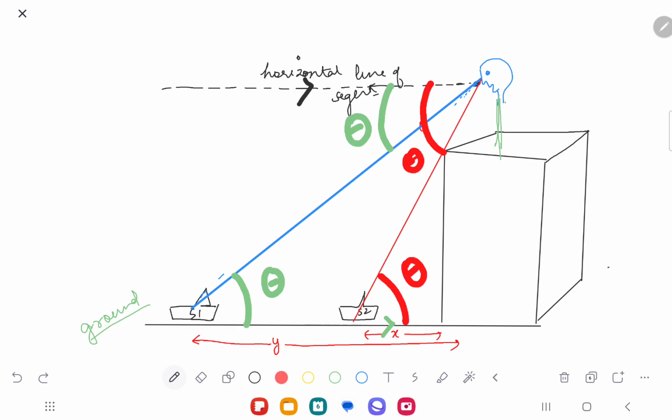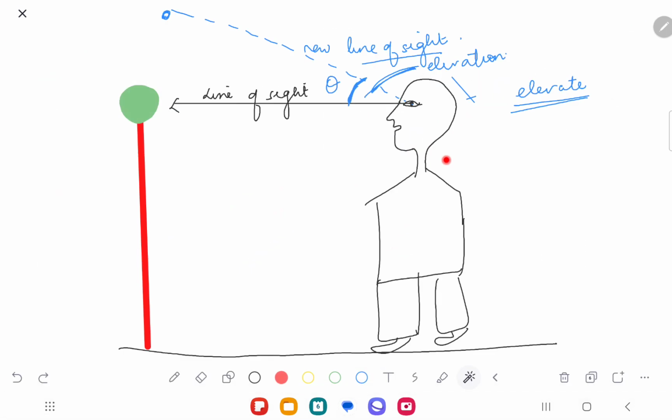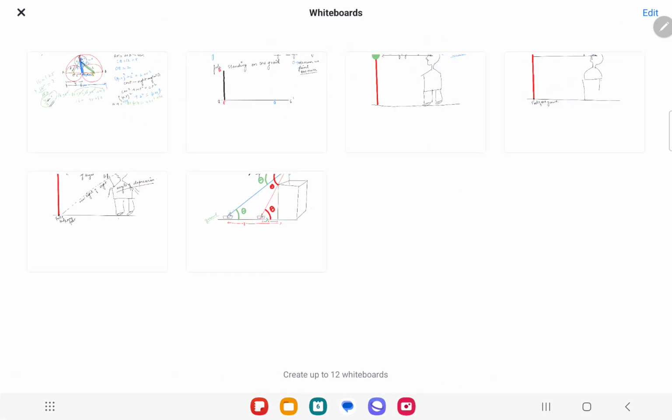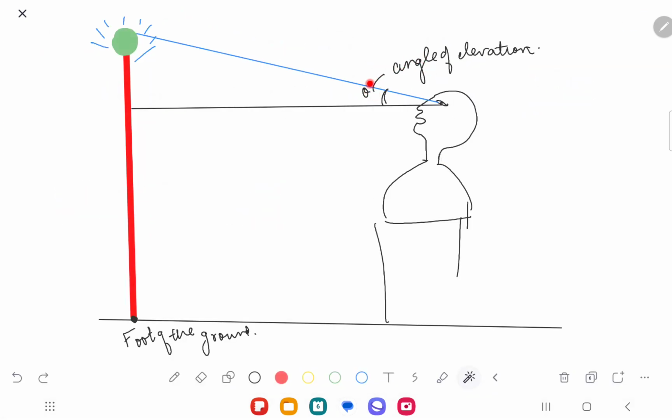So what I'm trying to tell you is that we need to figure out a right angle triangle first. Second thing, we need to know whether we are focusing on something which is below our line of sight. If it is below our line of sight, we will have an angle of depression. If we are focusing on something above our line of sight, then we will have the angle of elevation.